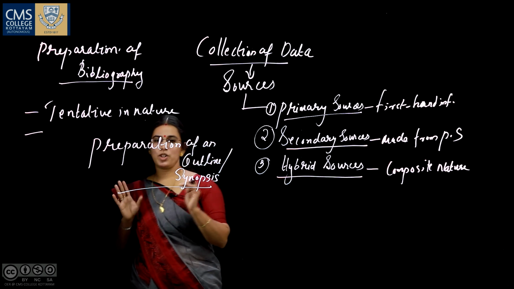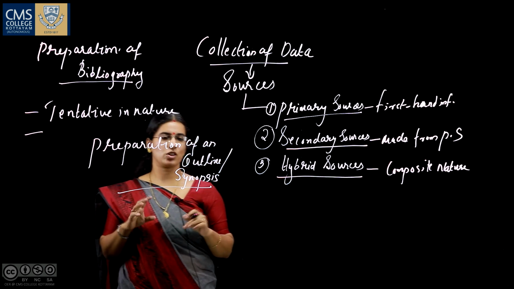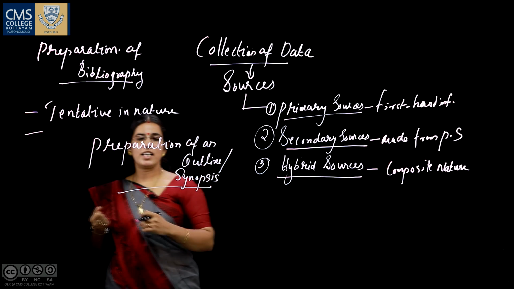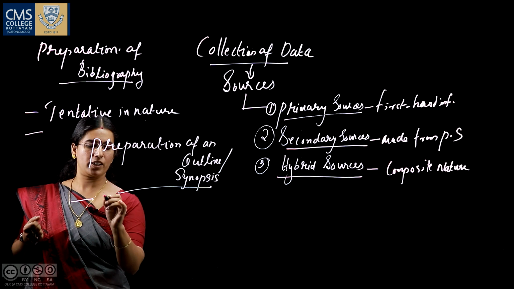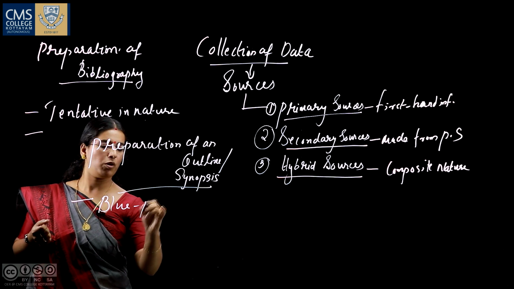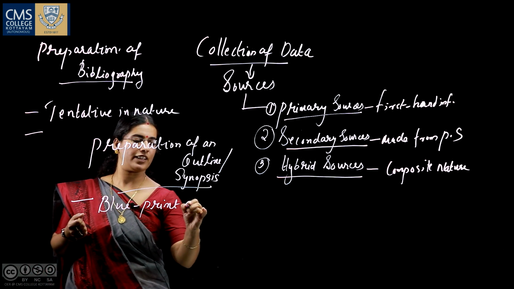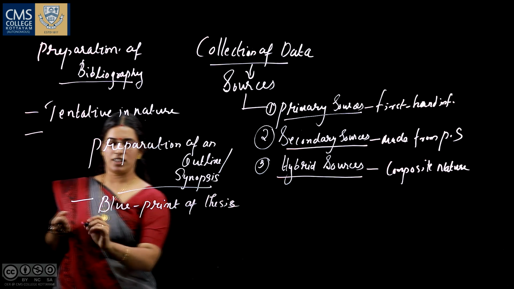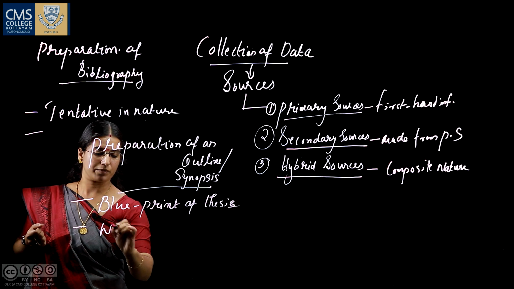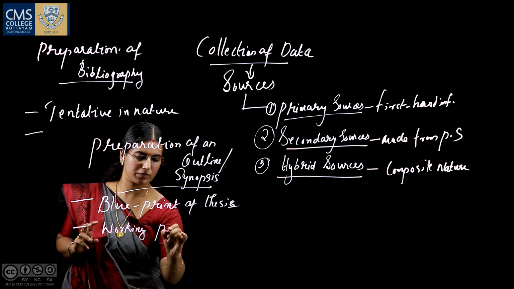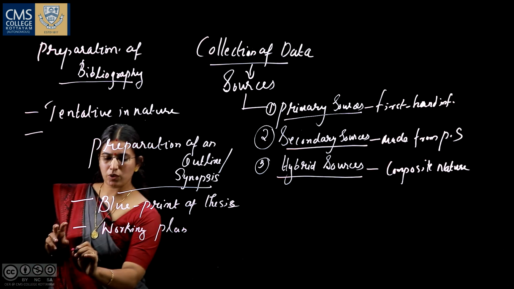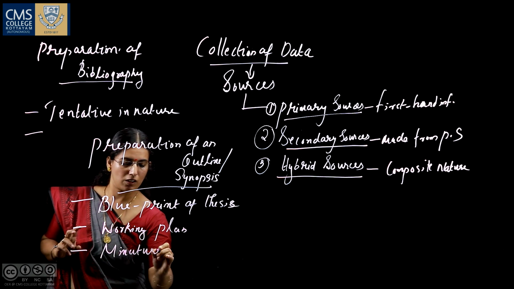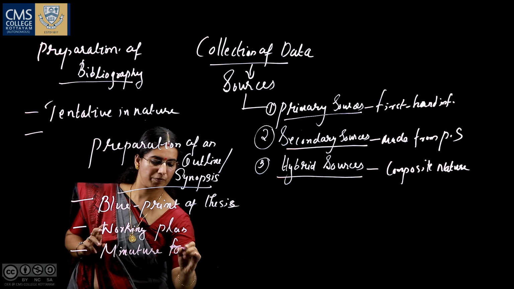What is a synopsis, and how can we prepare an outline? A synopsis is a blueprint of a thesis, or it can be called a working plan. It is also called a miniature form of a thesis.